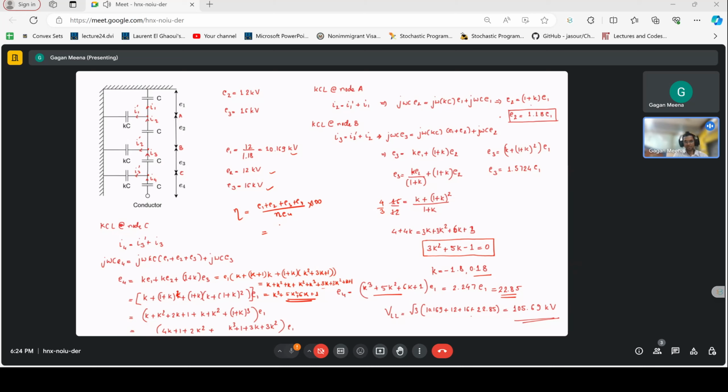It has to be designed for 22.85, and that's why all of them will be designed for 22.85 for a standard value, to have standards. So the above insulators are not utilized, they are underutilized.